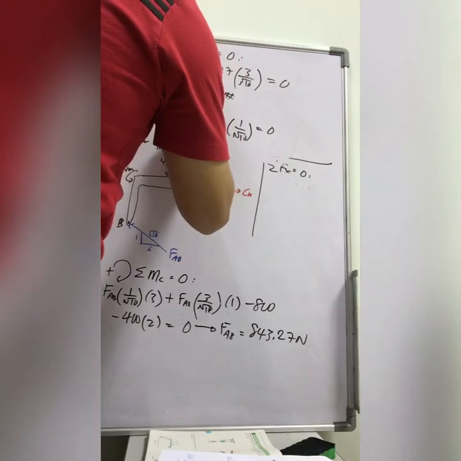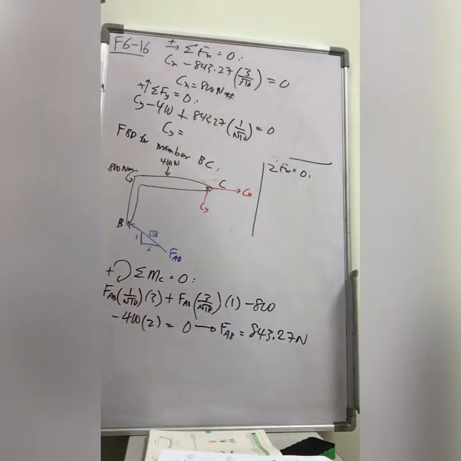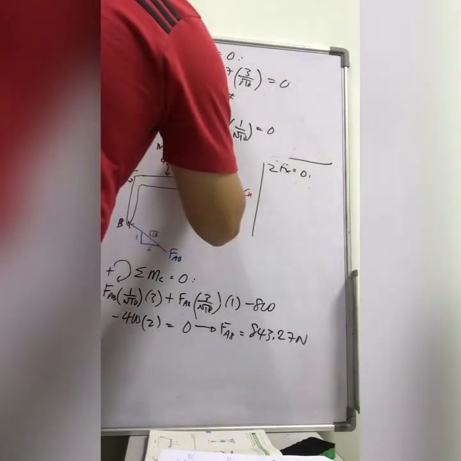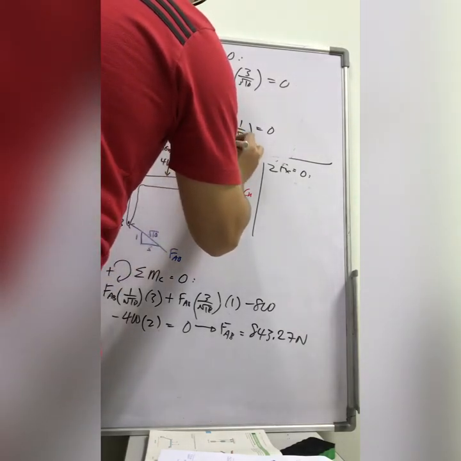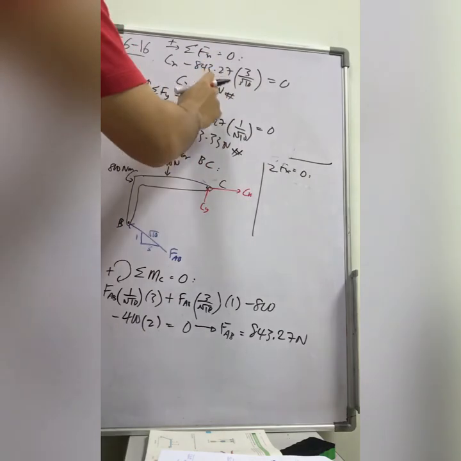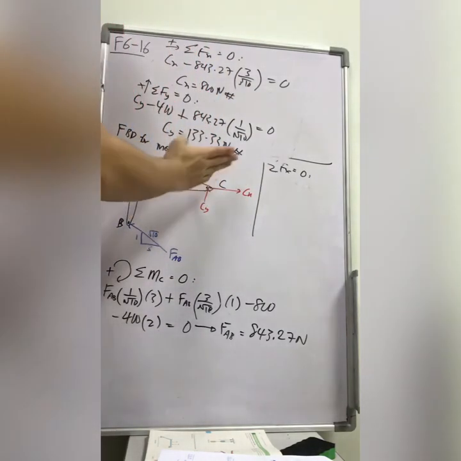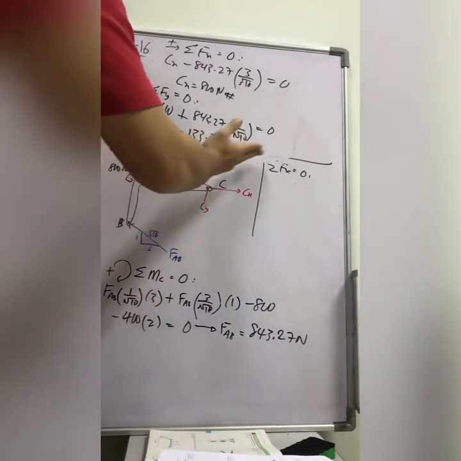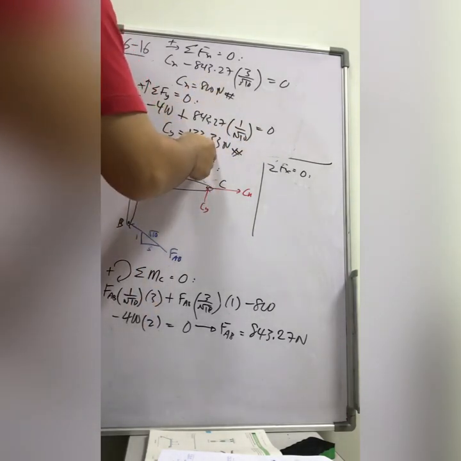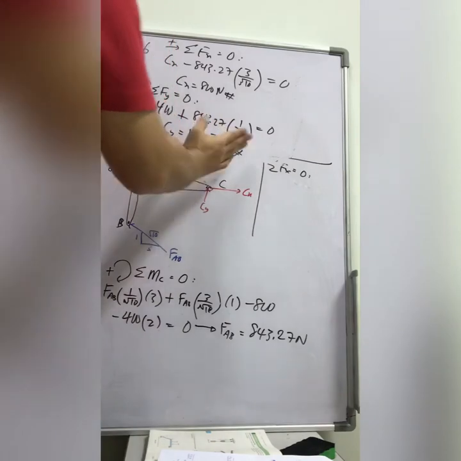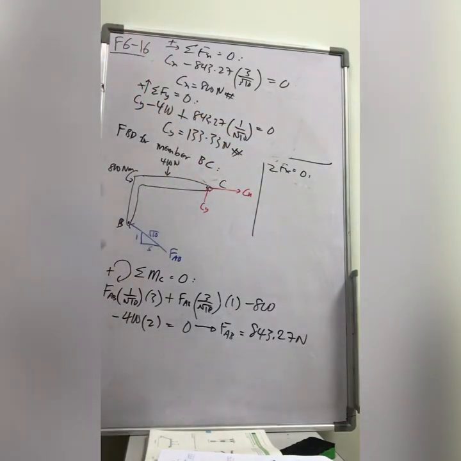You solve for Cy, and you will get Cy as 133. So this is Cx and Cy. Of course, with Cx and Cy you can find the resultant, Cx squared plus Cy squared, root of that, and then you can find the angle, the direction of the reaction.